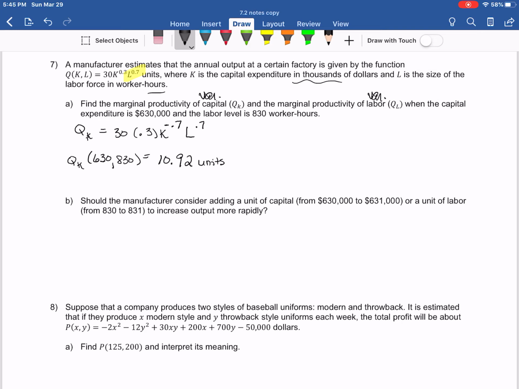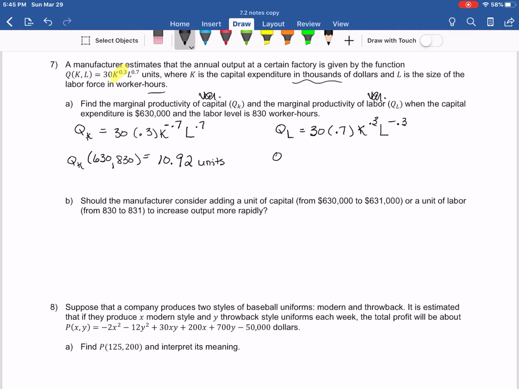All right, let's check out the derivative of Q with respect to L. In this case, we're going to use L as your variable, and therefore K is your constant. All right, so the derivative is going to be 30 times 0.7. Bring that 0.7 down in front. Repeat all of the constants that were there. But the variable L is going to be raised to the negative 0.3 power because that's 0.7 minus 1.